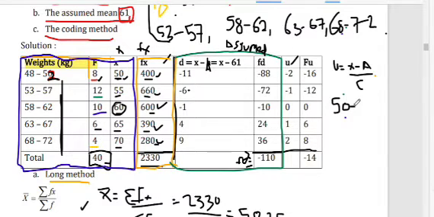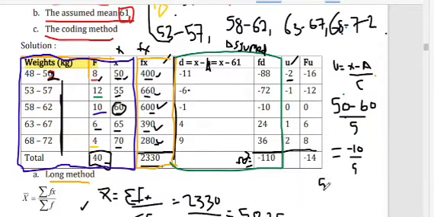So I have 50 minus the assumed mean, which is 60, divided by the class width. The class width is what? 5. So 50 minus 60 is what? Minus 10. Minus 10 divided by 5 is equal to what? Minus 2. So that is how they got U. For the next one, 55. I'll just do it for these two.